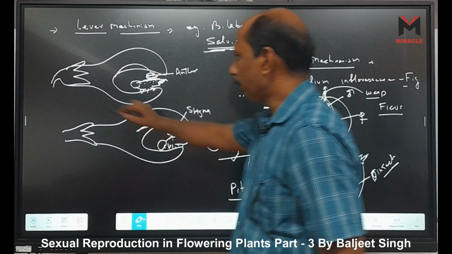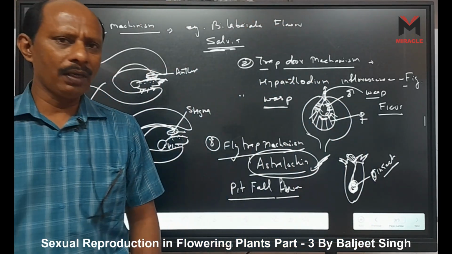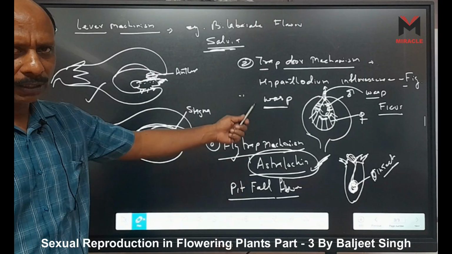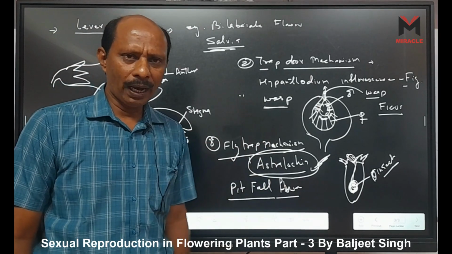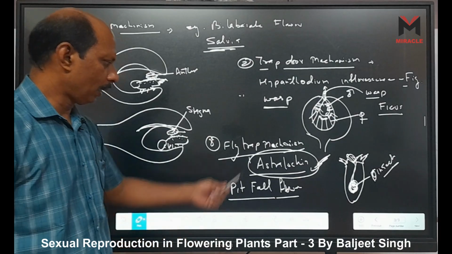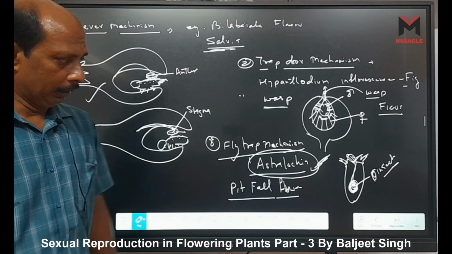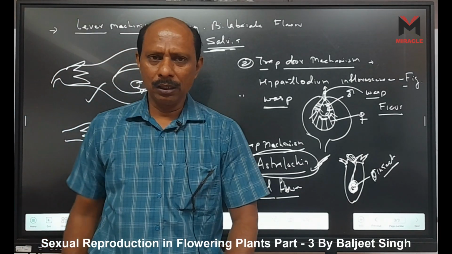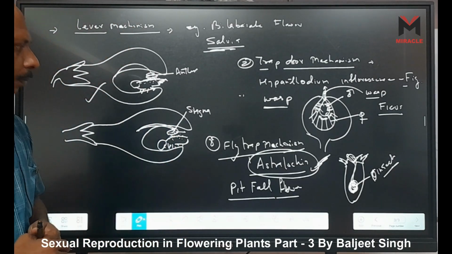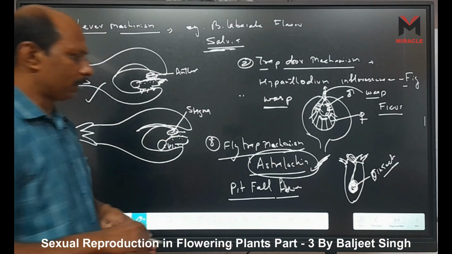Lever mechanism in the Labiate family means Salvia. Trapdoor mechanism is present in Ficus species, fig family. Fly trap mechanism is present in Aristolochia, right? So these are some examples of specific pollination by specific animals.